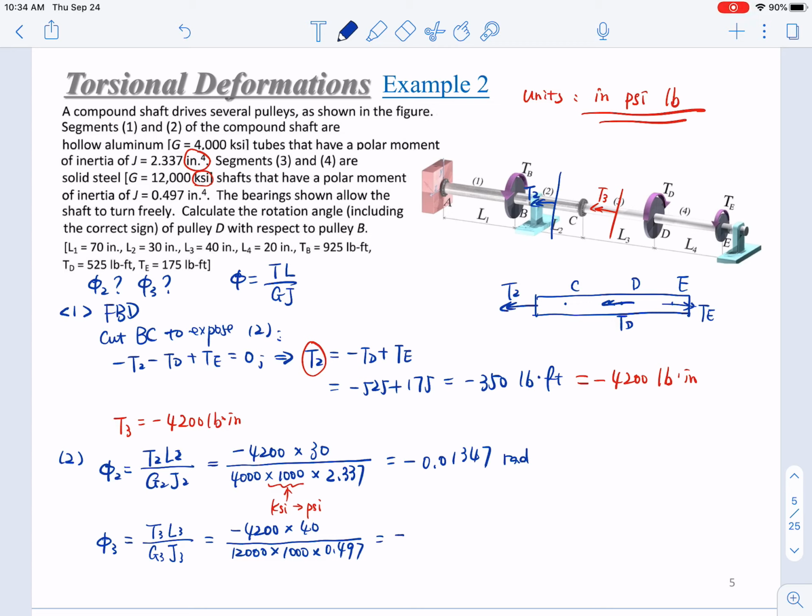Then we get negative 0.02817 radian. Then the result, as we analyzed at the beginning, is phi DB equals phi 2 plus phi 3. Adding these two numbers together, we get negative 0.04164 radian.